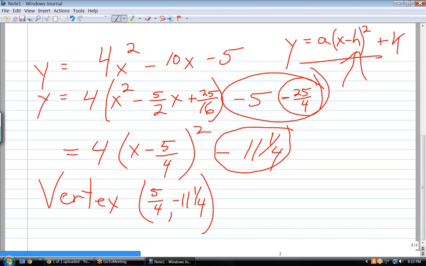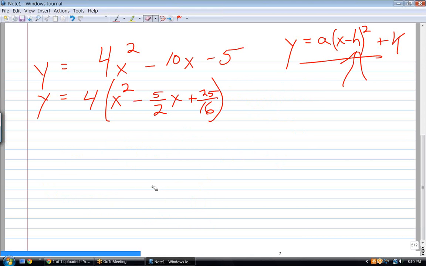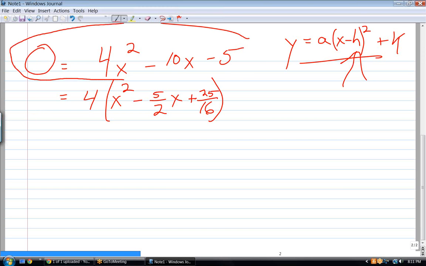Okay, now I'm going to do exactly the same problem, only we're going to do it slightly different. I'm going to say, don't put it in vertex format, solve it. Solve for the zeros. In other words, make this y equals 0 and solve this equation.